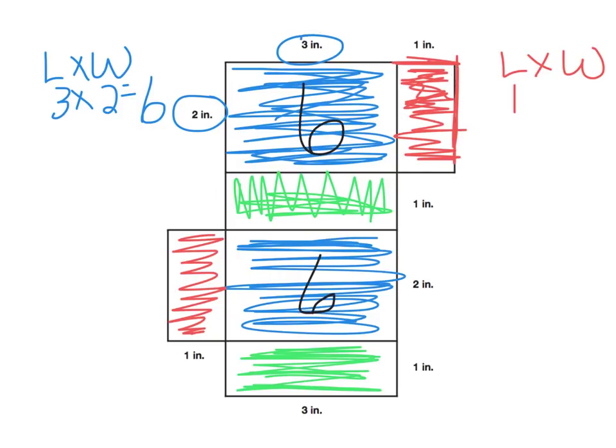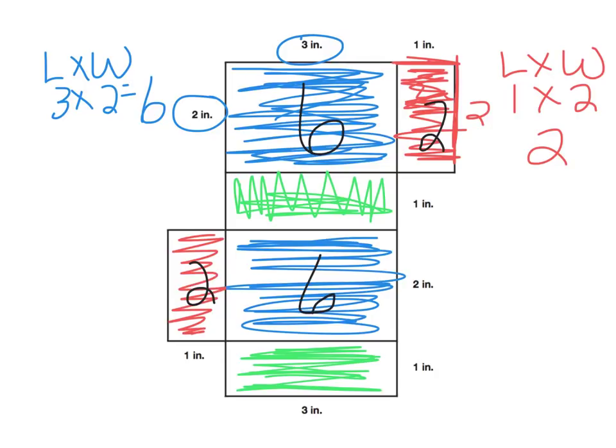So that's actually going to be a measurement of 2. So I have 1 times 2. So my area of that one is going to be 2. And since I know that that's going to have an area of 2, and that has an area of 2, I'm going to leave those sitting right there.